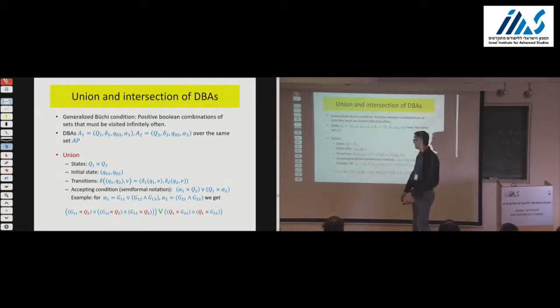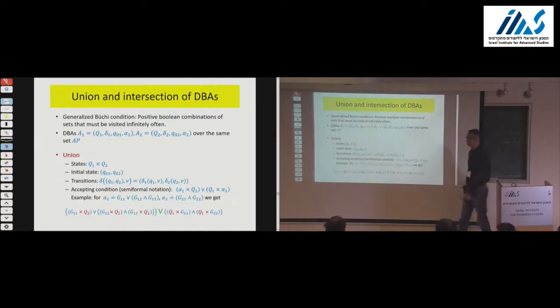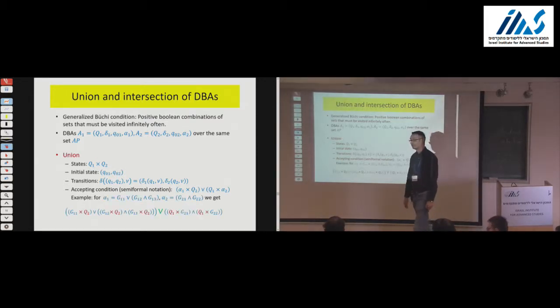Good. So how do you do intersection? If you think of it as an LTL formula, in terms of positive Boolean combination of GF, then it's just a disjunction, but I wanted to do it a bit more explicitly in case you haven't seen this before. And do you assume that the transition relation is complete? These are DBAs, so yes.